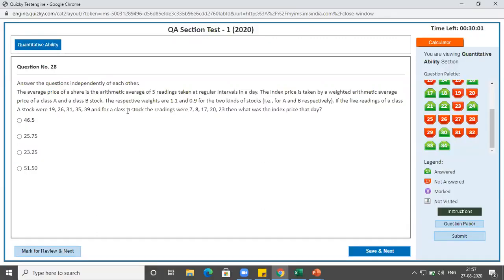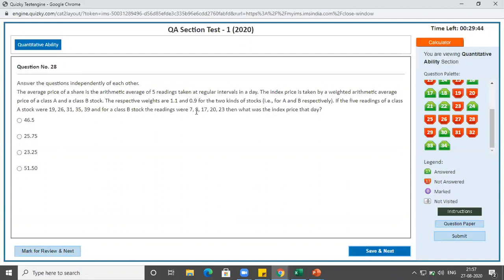Then class B: 7, 8, 17, 20, 23. If I take 16 as the average, then plus 1, plus 4, plus 5, and then plus 7, plus 12. Then minus 8 and minus 1, plus 3.